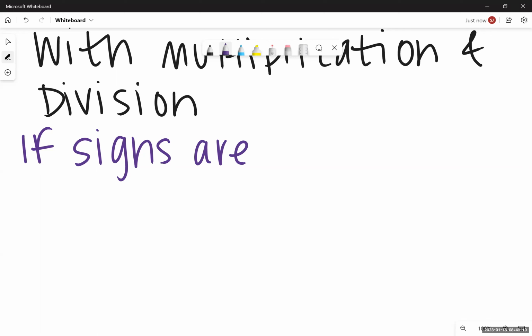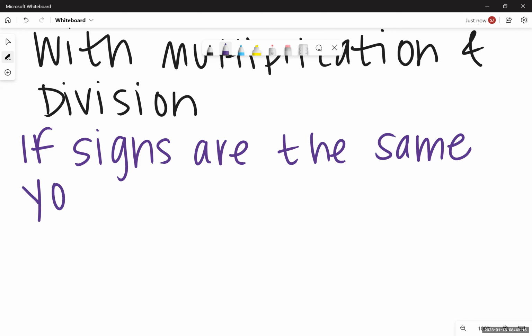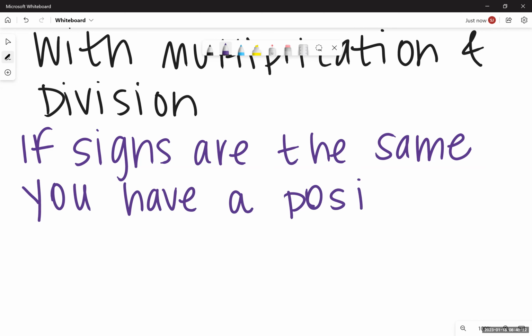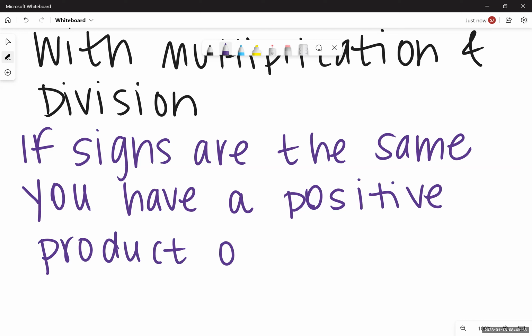If signs are the same, you have a positive product or quotient.